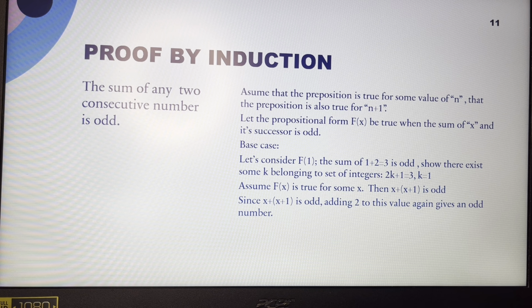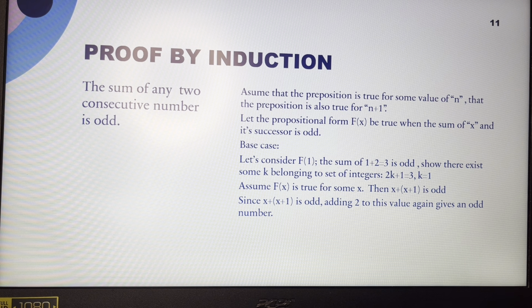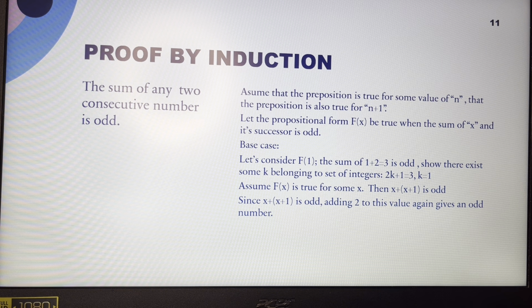So it's odd. It shows there exists some k belonging to the set of integers such that 2 times k plus 1 equals 3. So the value of k here is 1. And also assume that f of x is true for some x. And then x plus x plus 1 is odd. Since x plus x plus 1 is odd, adding 2 to this value again gives an odd number.